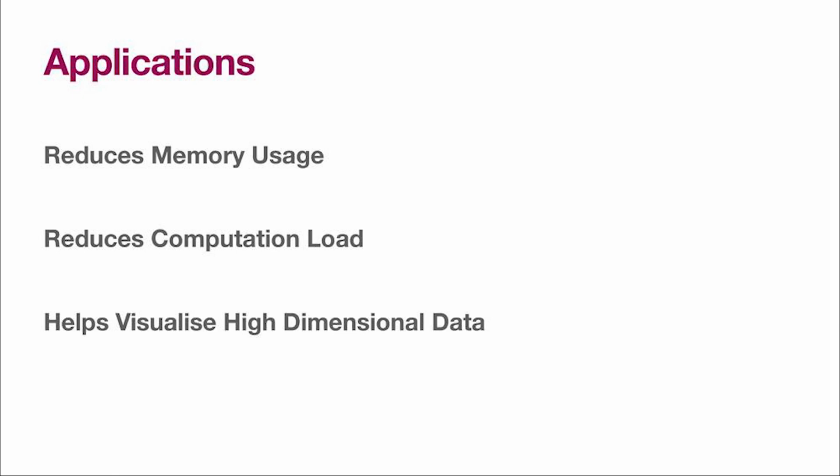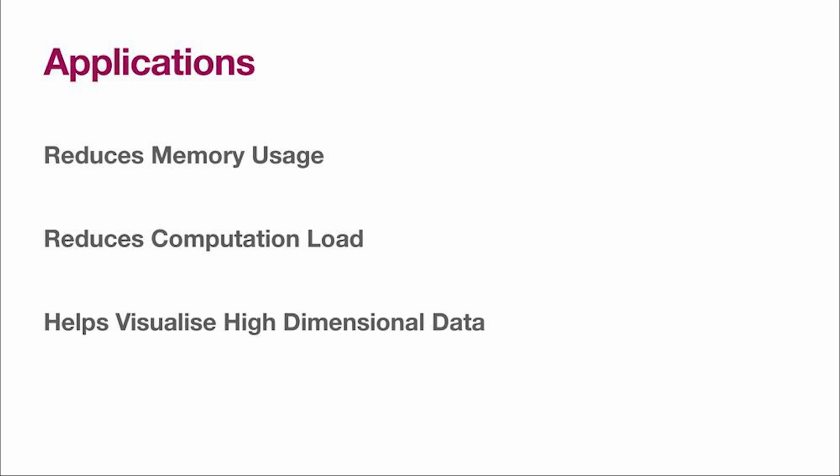And in real life situations, because the features are always interconnected, we can find a way to represent those features in a short form with fewer features. And when you have fewer features, the amount of memory needed to store them is reduced. The computational resources needed to train on the dataset are also reduced because now you have fewer features.